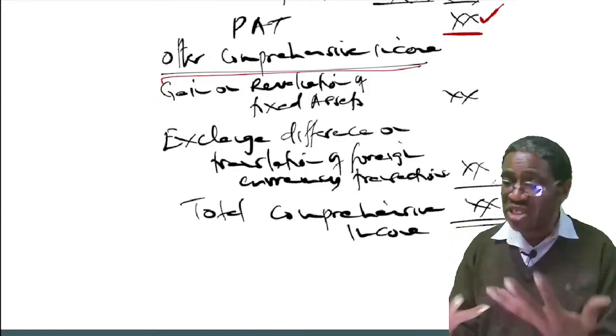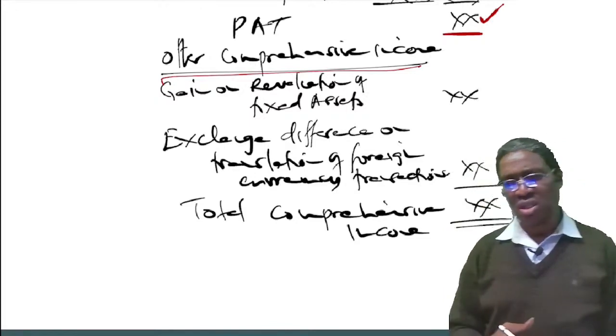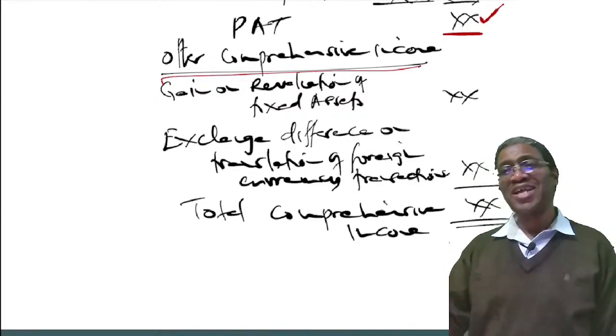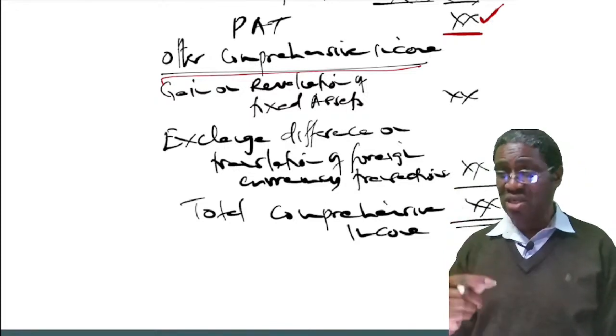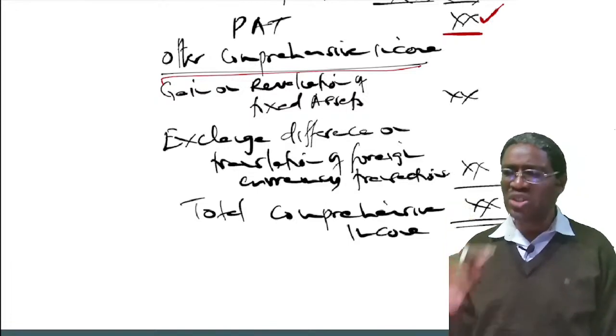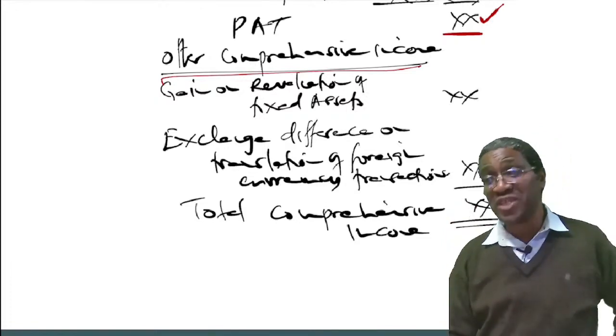And we identified two. Listen, I told you that other comprehensive incomes are those incomes that you as a company have made this year, but the rules of accounting do not allow you to take those incomes to the profit and loss.